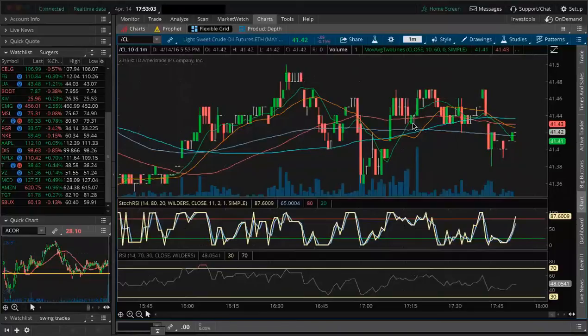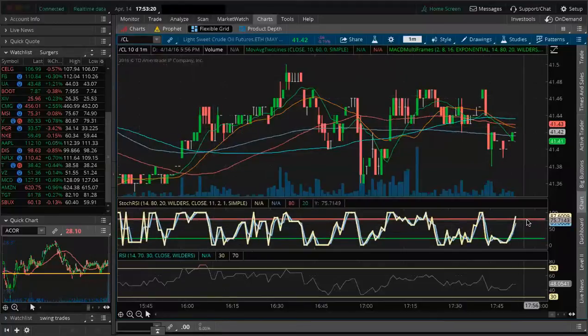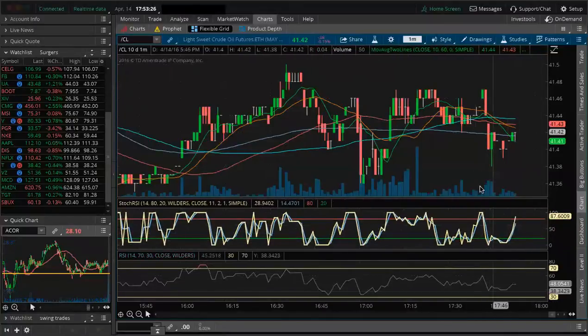That's usually the big one. And I use all default settings. I don't change anything. StochRSI is default 20/80 and RSI is default 70/30. I didn't change them from each other.